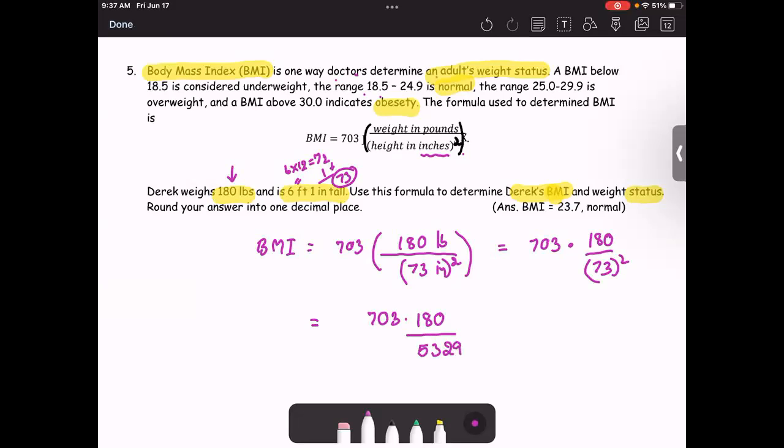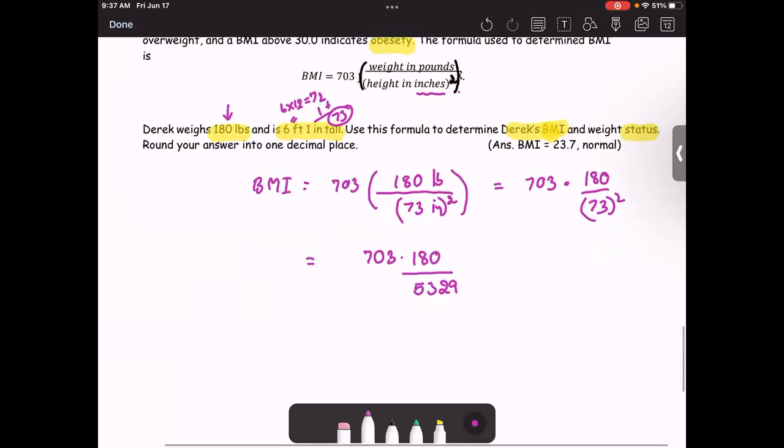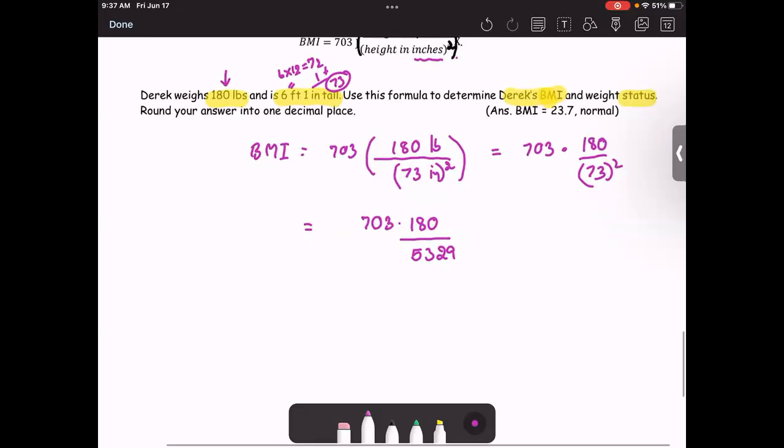Multiplication and division are in the equivalent order, so you can do it from left to right. Now we're going to multiply 703 by 180 and then divide by 5329. And it turns out to be 23.7455 and so forth. The problem asks you to round your answer to one decimal place.